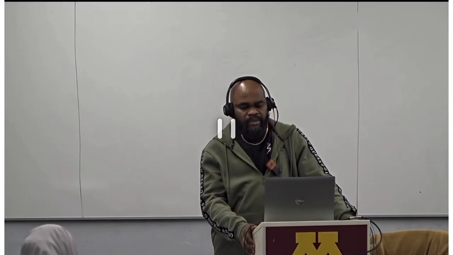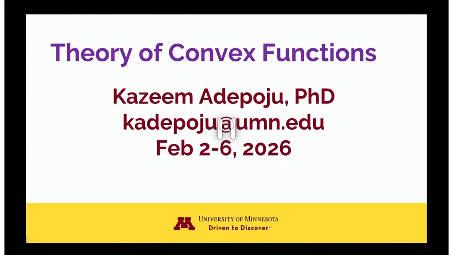Of course, today we're going to finish our theory of convex function that we started on Monday. Before now, I've walked you through how to investigate convexity. Why do I need to investigate convexity? Maybe I'm actually seeking the minimum value of a function.